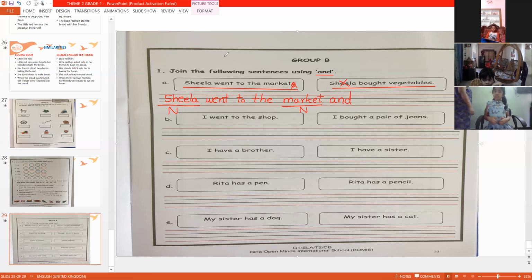So we will write Sheila went to the market and bought, B-O-U-G-H-T, bought vegetables. And now the sentence is finished, so we are going to end the sentence with a full stop. Now let us see the second one.